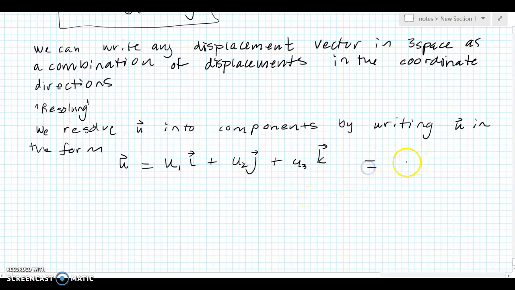And this also equals <u1, u2, u3>. Okay.